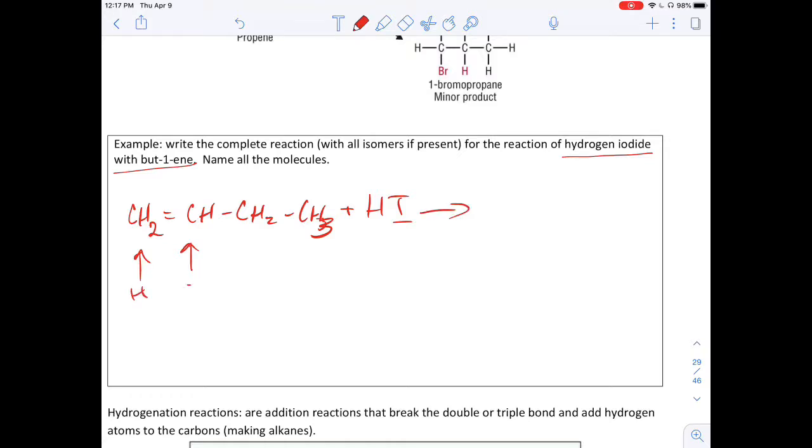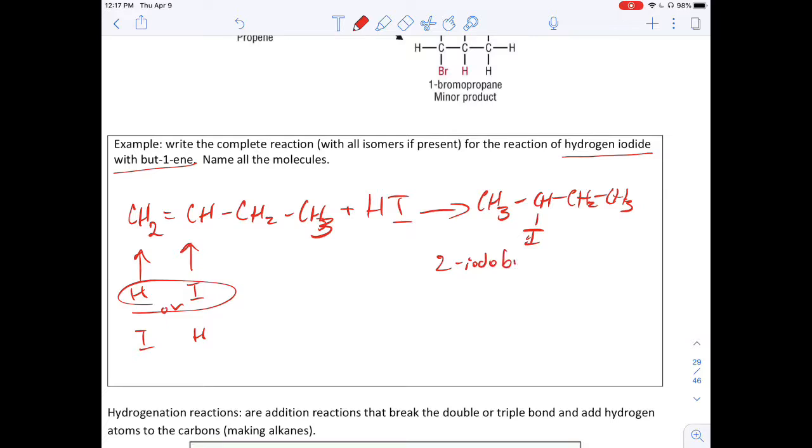So we'll do this one first, where I get CH3, CHI, CH2, CH3, and this will be a 2-iodobutane. And my other product is going to be CH2I, CH2, CH2, CH3. And so I get 1-iodobutane.